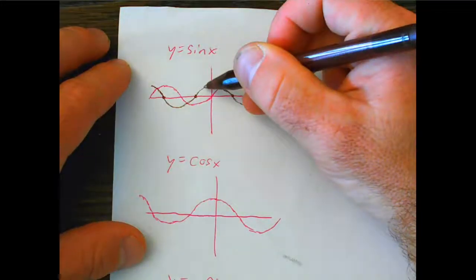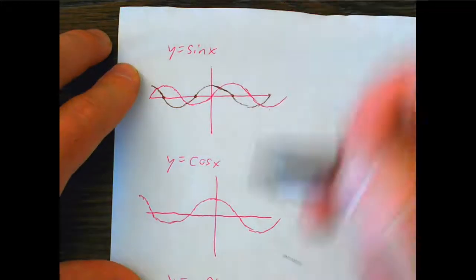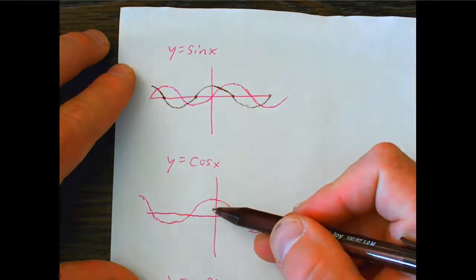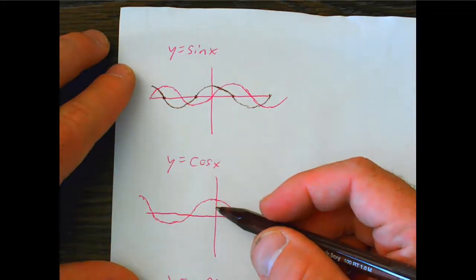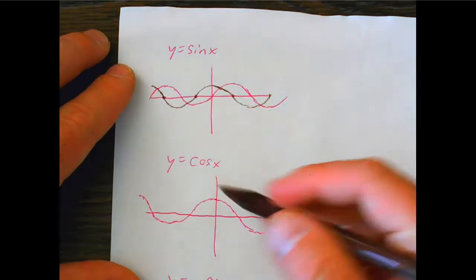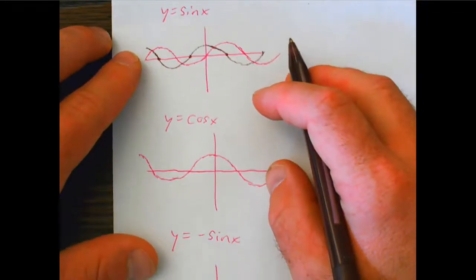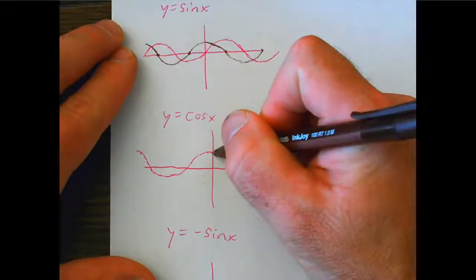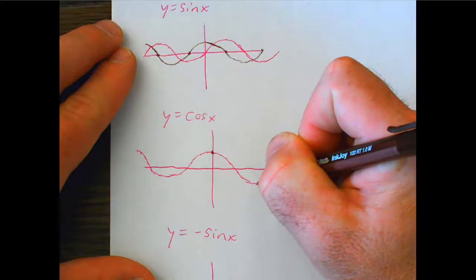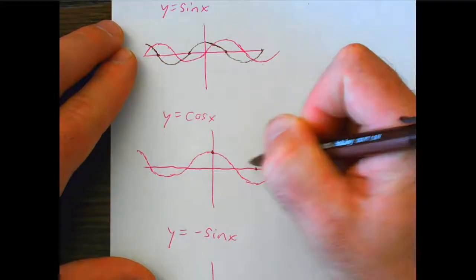Now compare this brown graph right here to the graph of cosine of x. Just a real simple guess here is maybe the derivative of sine of x is cosine of x. So maybe the derivative of cosine is going to equal sine. Maybe. Let's look. I got a zero slope right here. Zero slope right here. So we'll draw those.